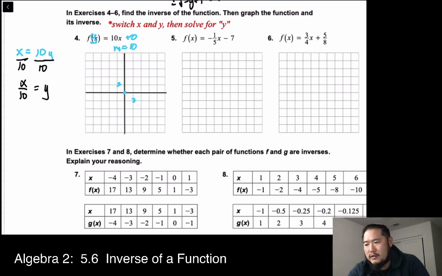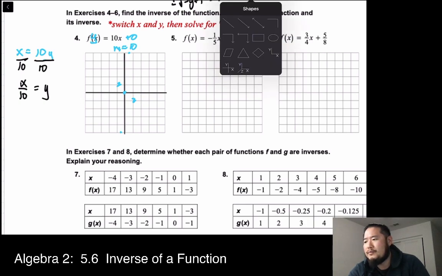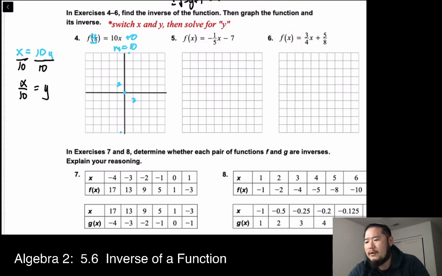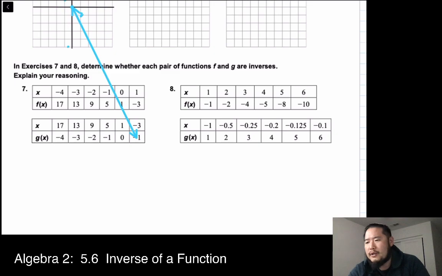So there's our first point, there is the second point. You should always try to have 3 points. It helps you make a straight line. Although 2 points make a straight line, there's always room for error, especially when you don't have a ruler.